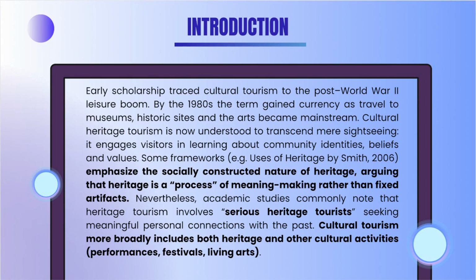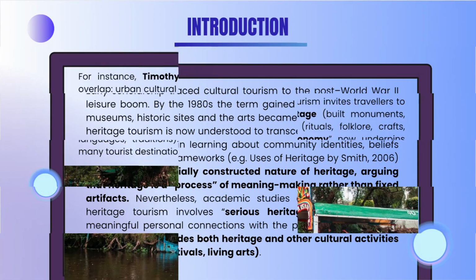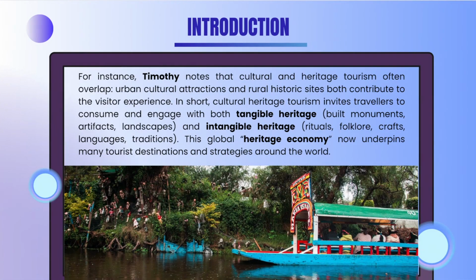Cultural tourism, more broadly, includes both heritage and other cultural activities like performance, festivals, and living arts. For instance, Timothy notes that cultural and heritage tourism often overlap in urban cultural attractions and rural historic sites. Both contribute to the visitor experience.